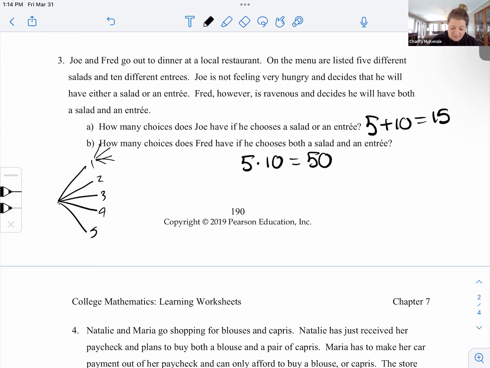I totally can't draw that. So we're going to have 10, 10, 10, 10, 10. It doesn't matter which salad you pick, you still have 10 other options. So that gives you 50 different ways to choose your dinner versus only picking one.